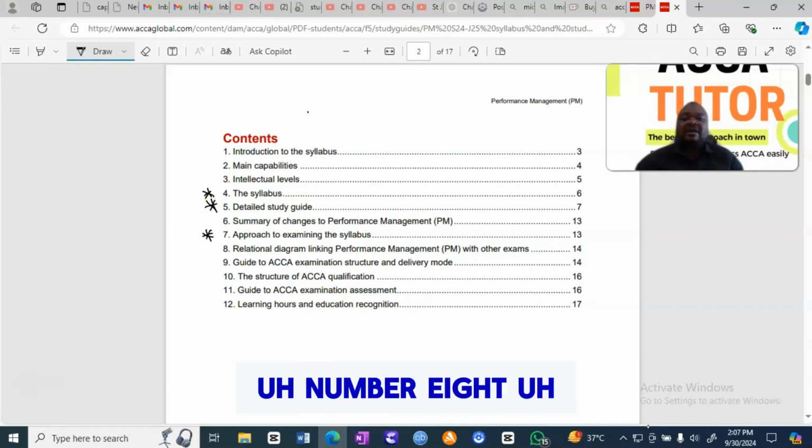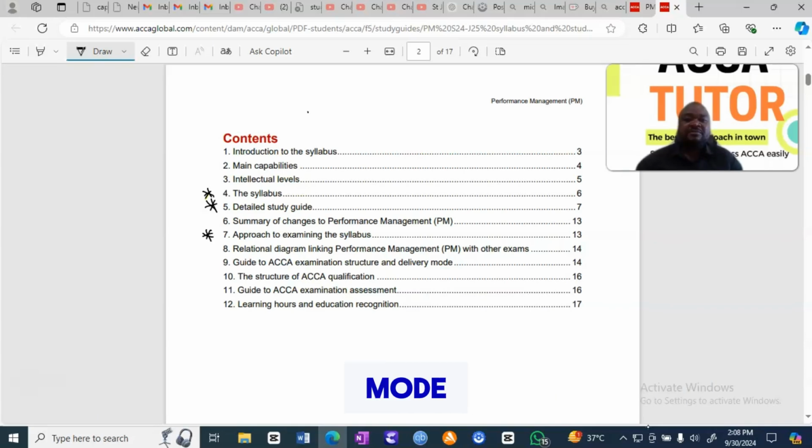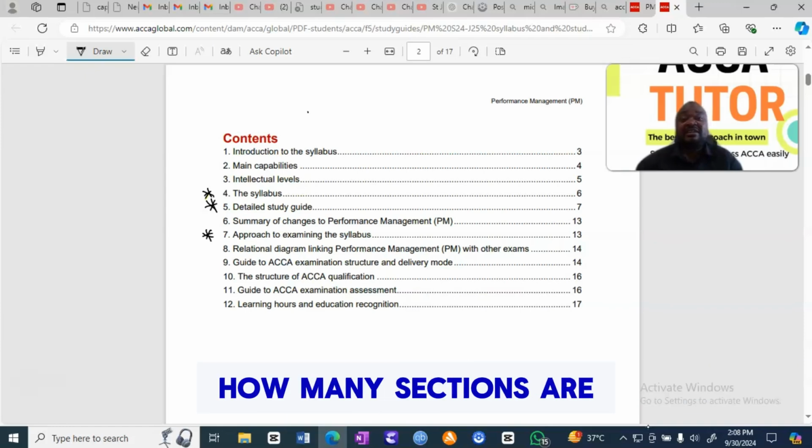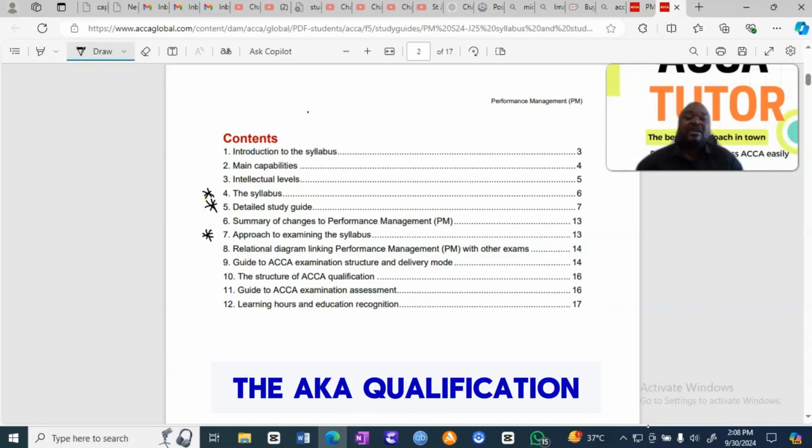Number 9, guide to ACCA examination structure and delivery mode. You need to know how we are going to be tested, how many sections are involved, and what is required in each particular section. Then the structure of the ACCA qualification.